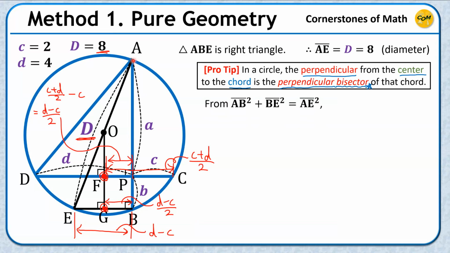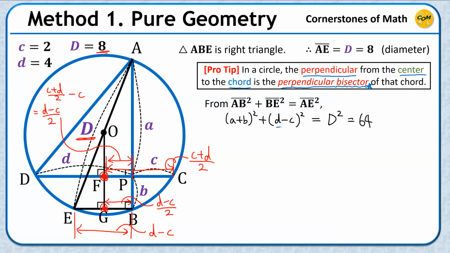Therefore, if we apply the Pythagorean theorem on the right triangle ABE, length AB is a plus b, so (a plus b) squared, plus length BE is d minus c, so (d minus c) squared is equal to AE, the diameter, squared. The length of the diameter is 8, so we have 64.